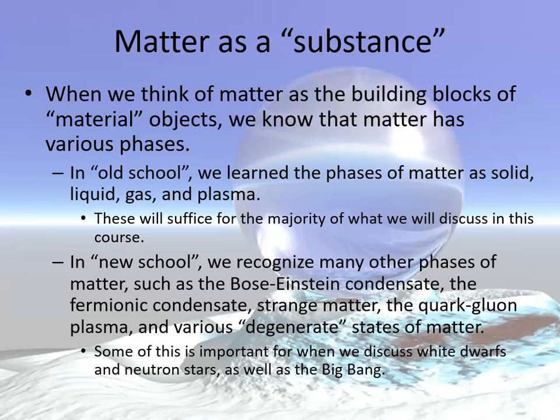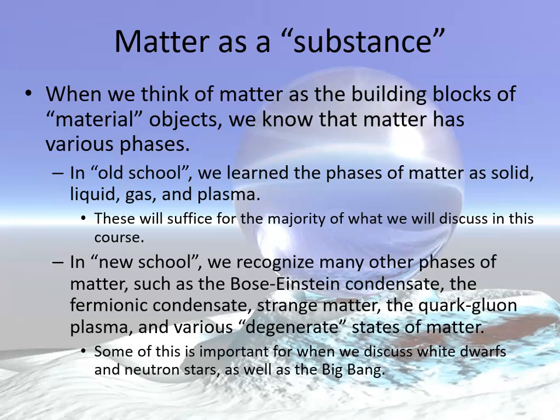Now, in terms of a substance, we used to think of matter as just either a solid, liquid, or gas back when we were in elementary and middle school, and then when we were in high school we were told that there was this fourth phase of matter called plasma, but we now recognize that there are lots of other phases of matter as well, things like Bose-Einstein condensates, fermionic condensates, strange matter, quark-gluon plasmas, various degenerate types of matter, etc., and then whatever the heck dark matter is.